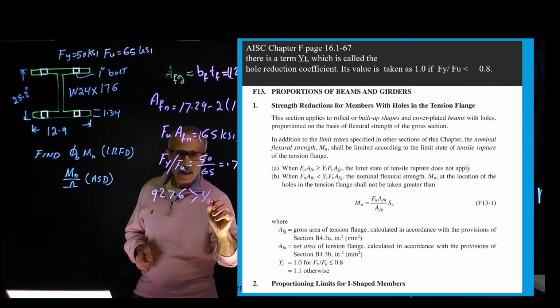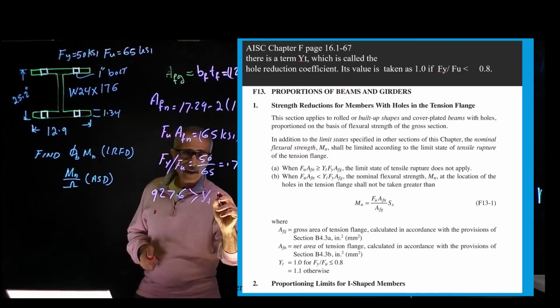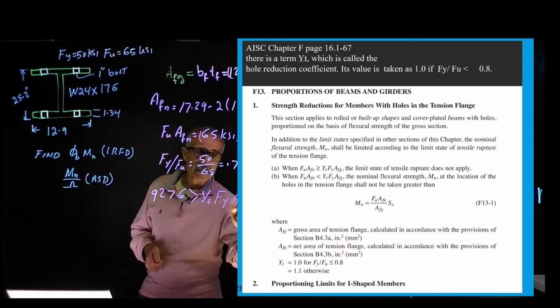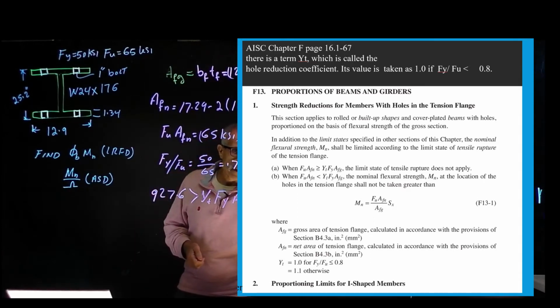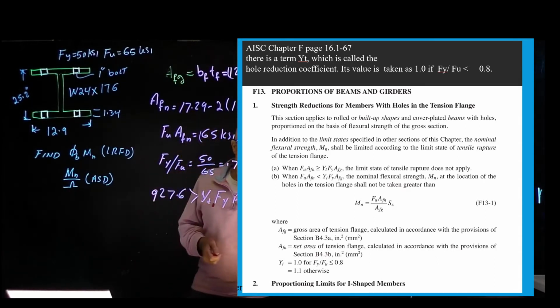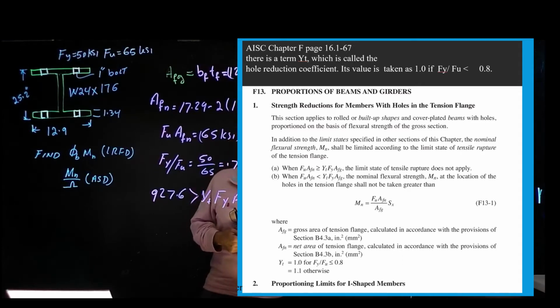YT times FY times AFG. So it's 1 times Fy, which is 50, and AFG, the gross cross-sectional area, was 17.29.